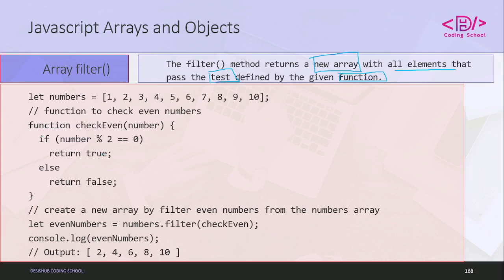For instance, you could have the function outside, and you have a function that checks an even number. If a number is divisible by 2, return true, else return false. If you pass it into the filter method, as you can see down here, we are passing it checkEven, it is going to return this one.